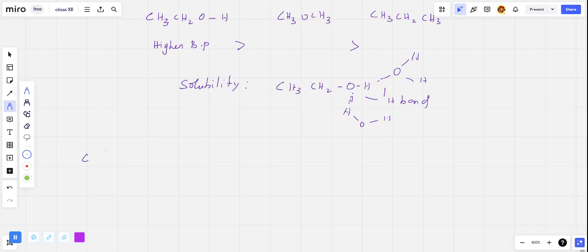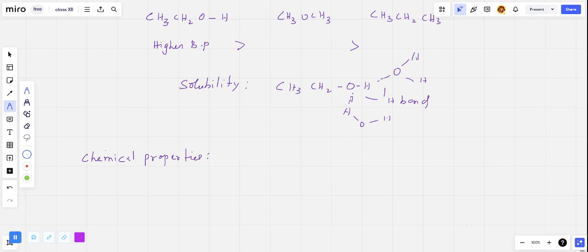Chemical properties of alcohols and phenols. Alcohols are reactive compounds. They react both as nucleophiles and electrophiles.